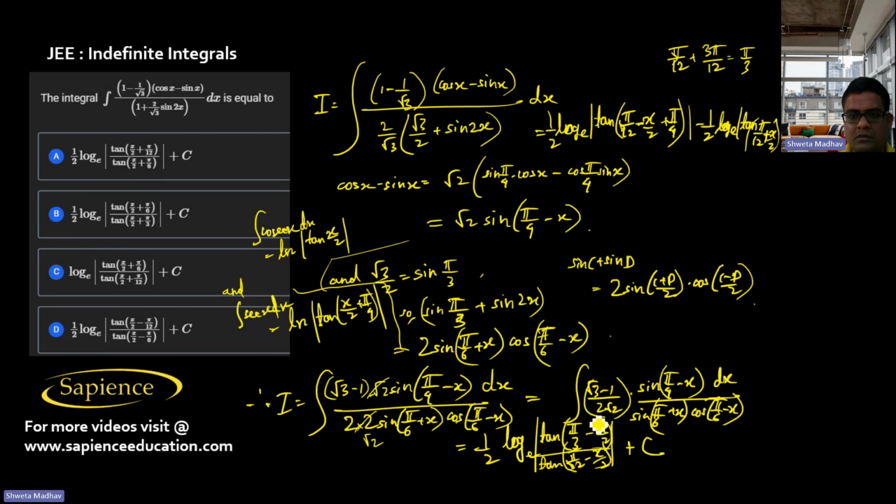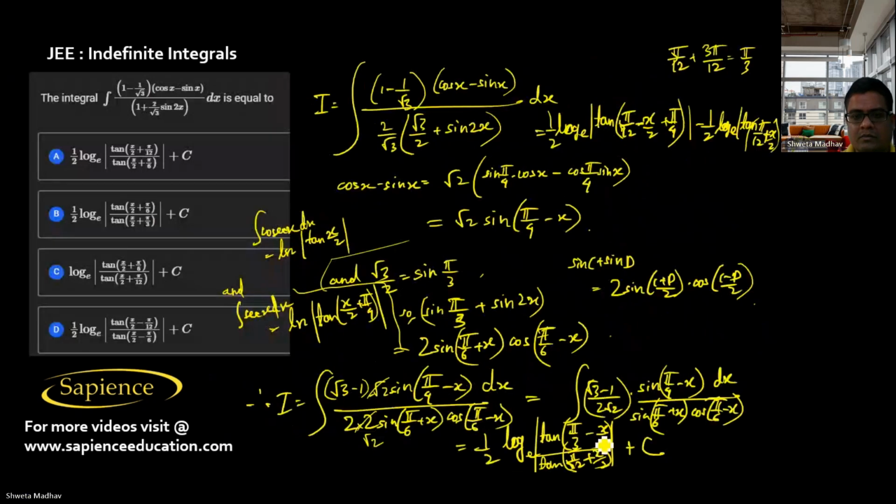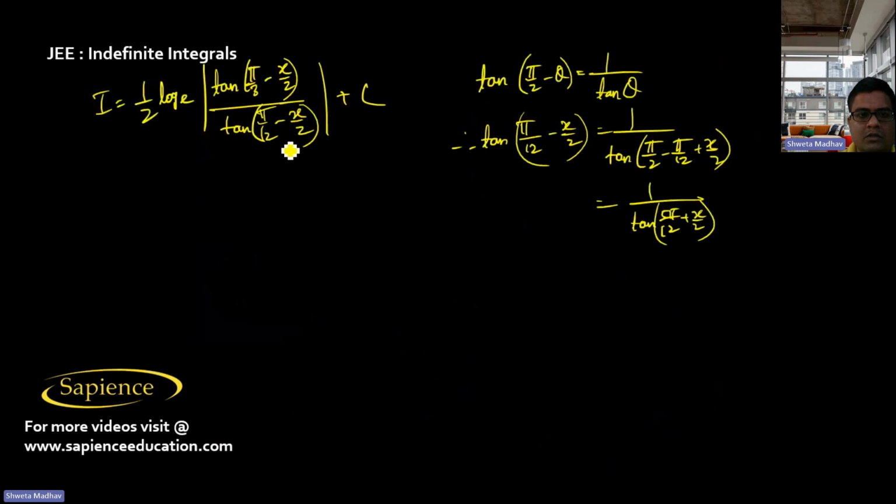So this is pi by 12 plus x by 2, and this is pi by 3 minus x by 2. Okay. So this is tan of (pi by 12 plus x by 2).